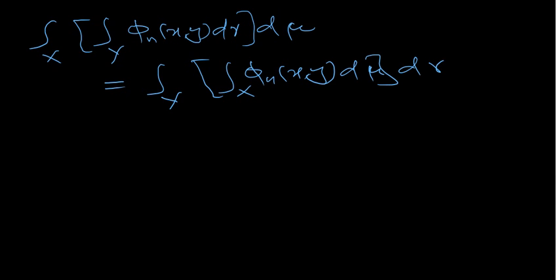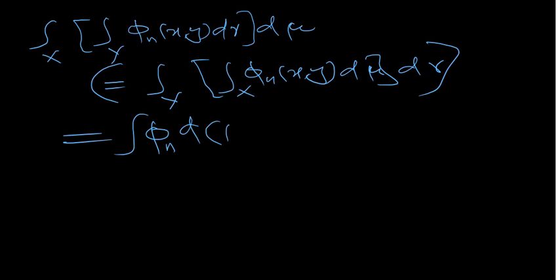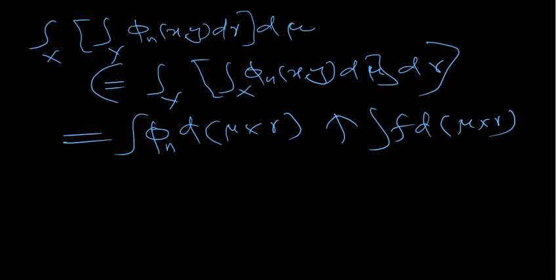And I will use only the first integral here. This integral is equal to the integral of phi n over the product space mu cross nu, and that integral increases to the integral of f. That's the definition of an upper function, actually. That's the definition of generating sequence.